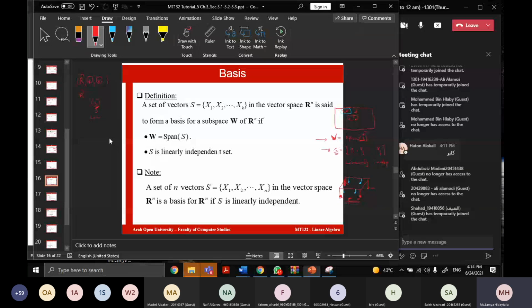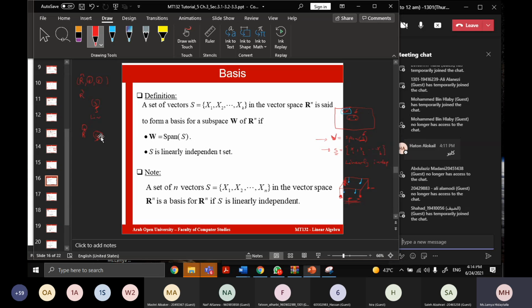So in R4, if you picked any 4 vectors from R4 and you find that these 4 vectors are linearly independent, immediately they are a basis. ده الستيتمنت.